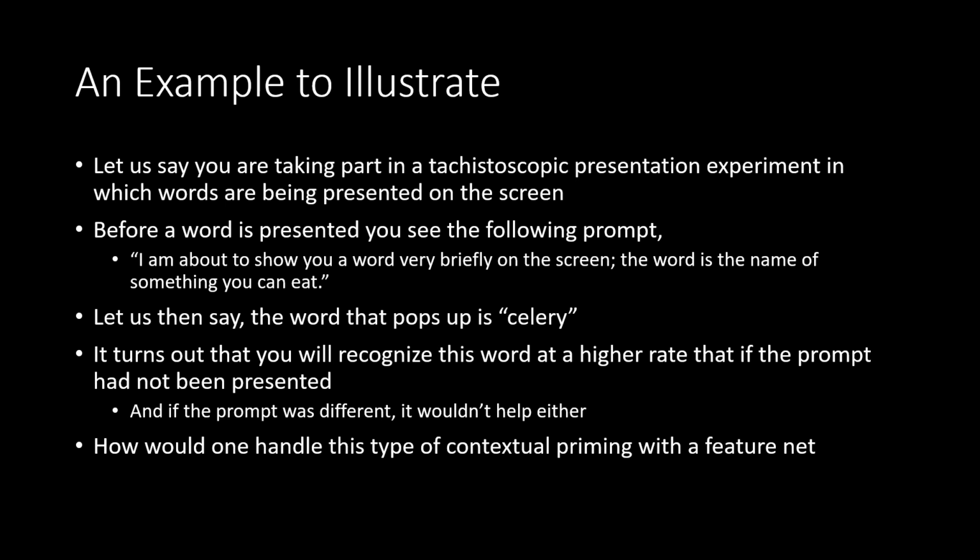And this type of context influencing our recognition is not really something a feature net can handle well. It's the same type of problem that comes up when you're trying to recognize a word on a different pattern background. Right? It's much, much more complex.